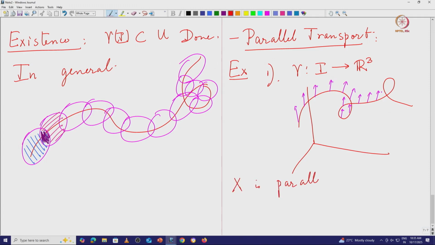If you also want to normalize so that the norm doesn't change, one sensible definition is that the derivative is 0. So that's a sensible definition of a parallel vector field in R3, or Rn.